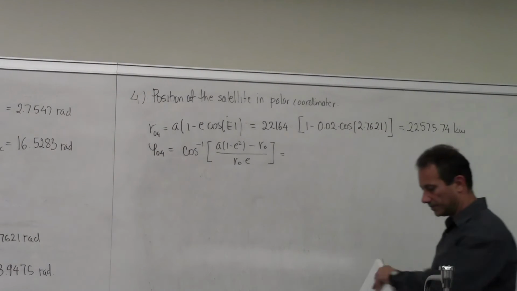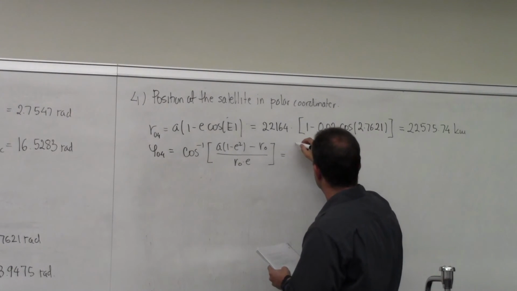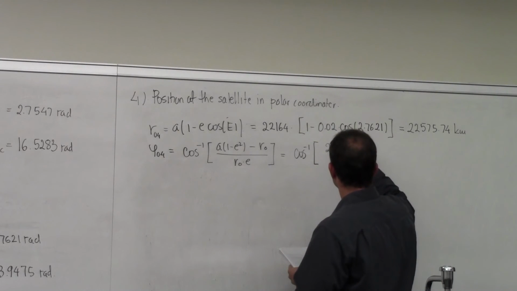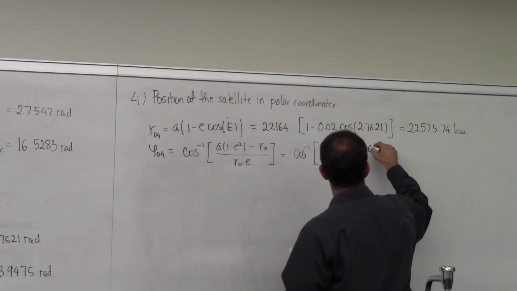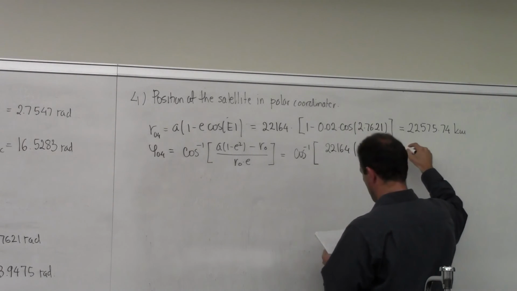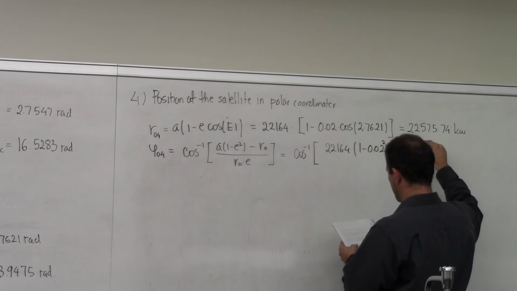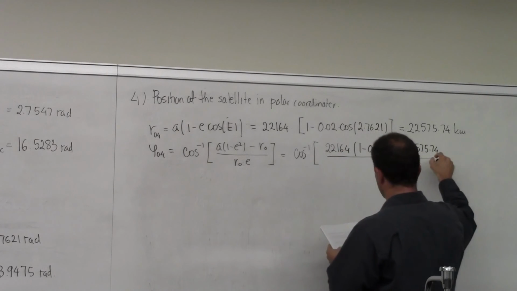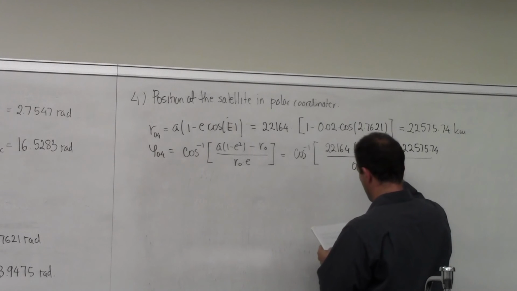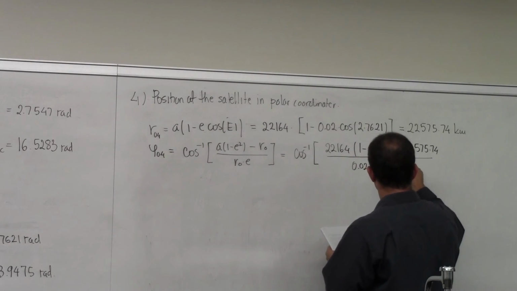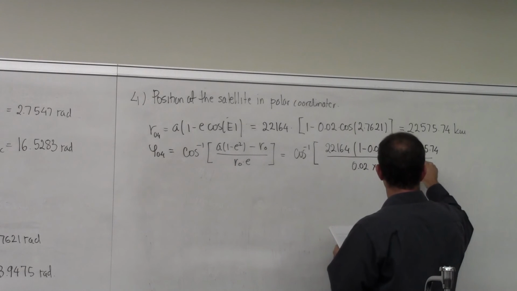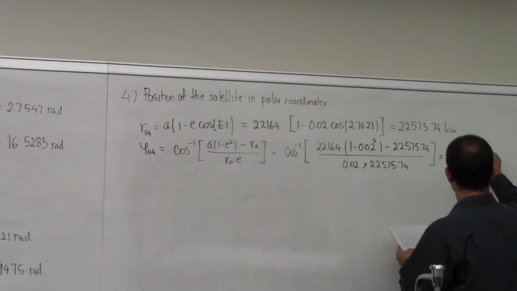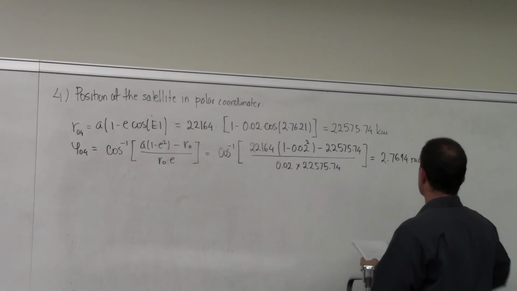And if I substitute the values here, this becomes cosine inverse of 22,164 times 1 minus 0.02 squared minus 22,575.74, divided by 0.02 times 22,575.74. And this gives you an angle of 2.7694 radians. So that's where the satellite is.